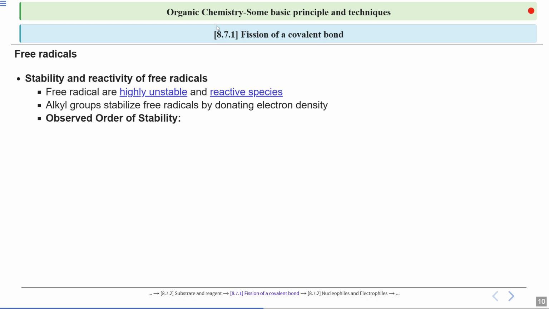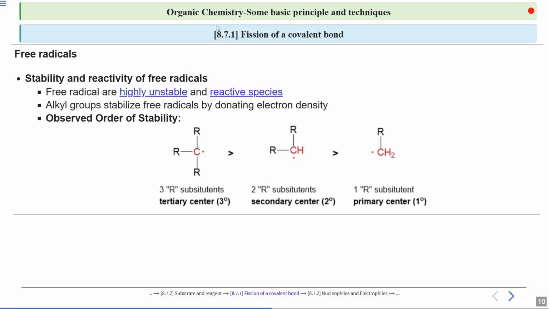So if that is true, we can have an order of stability. The first one is the most stable one, which is your tertiary radical. I told you tertiary carbons are those attached to three carbons, and since it is a radical, it is a tertiary radical. This one is the most stable because it has three methyl groups which can stabilize the carbon with a shortage of electrons.